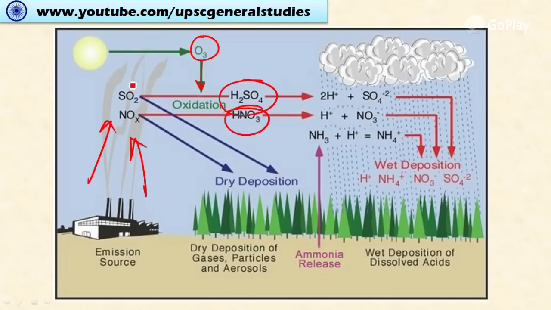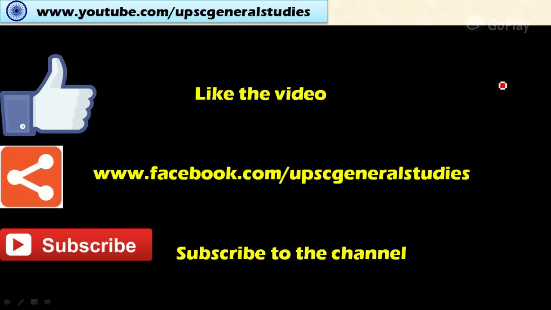If these pollutants have no source of water molecules, they reach the earth in the form of dry deposition. If they have access to water molecules, they reach the earth in the form of wet deposition as rain. Acid rain contains various ions like hydrogen ions, ammonia, nitrates, and sulfates. So these are all the pollutants which cause acid rain. So this is it about acid rain.